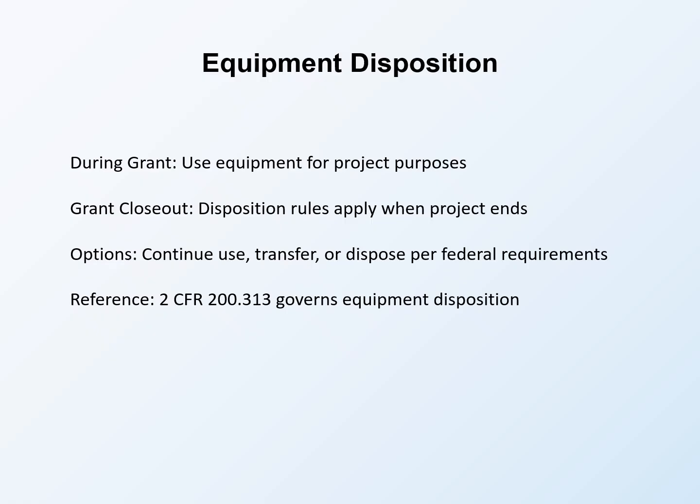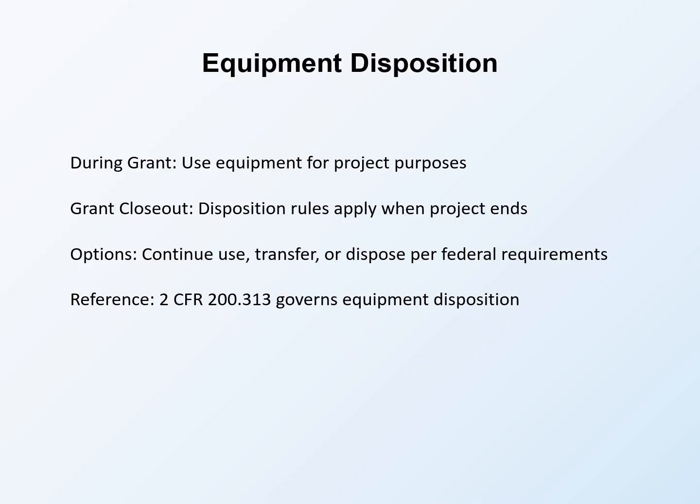Disposition procedures depend on factors including the equipment's current fair market value and whether you have other federally funded projects that could use it. Options for disposition typically include continuing to use the equipment for other federally supported projects, transferring the equipment to another eligible party, or disposing of the equipment and returning any applicable share of proceeds to the federal government.